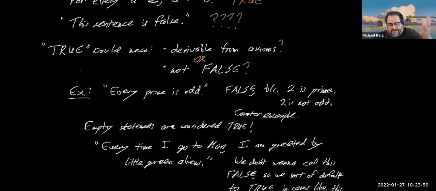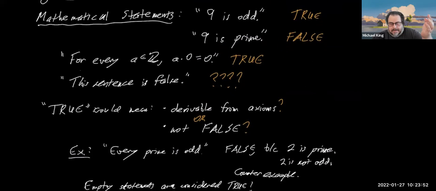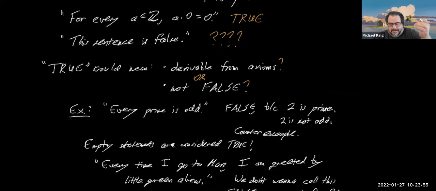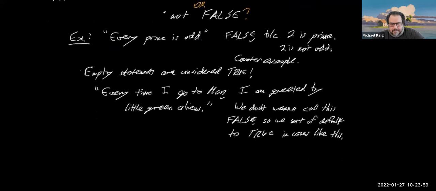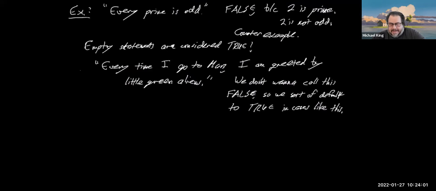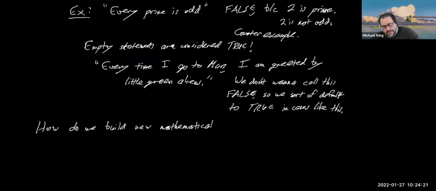Okay, so we have these mathematical statements, right? And we have some sense of what true and false means. But now I want to talk about how we build new mathematical statements from old ones, because it's kind of what we were doing with that proof in the last class.